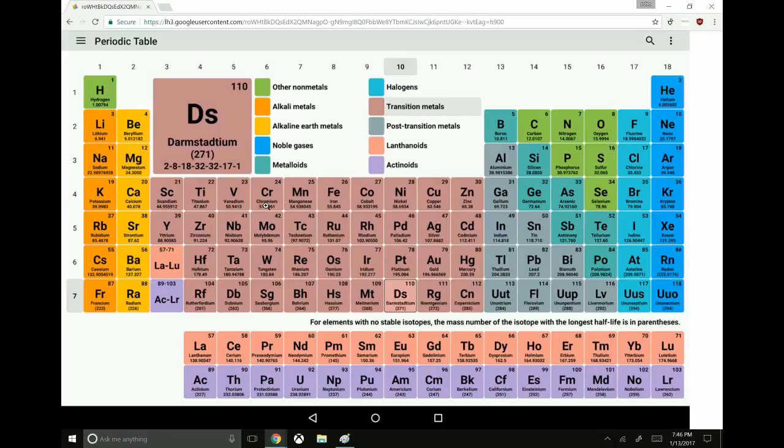Chromium can form anything from 2+ to 6+, manganese anything from 2+ to 7+. They're happy to lose any and all of their s and d electrons. Yes, even though manganese has a half-full shell, it will form a 7+ ion. And that's a violation of the rule I told you. So, all right.